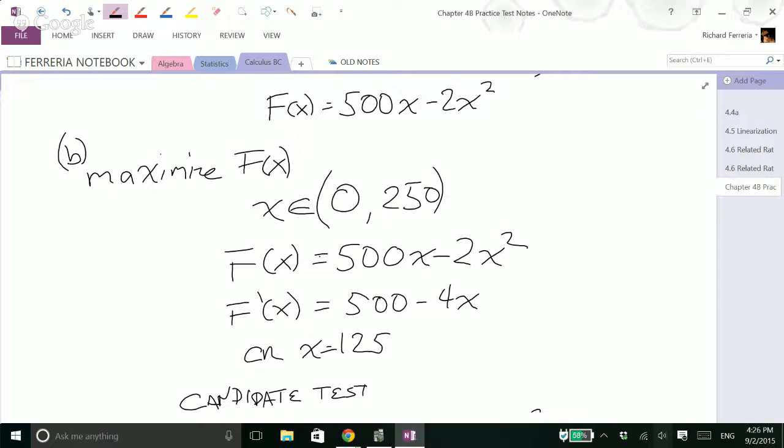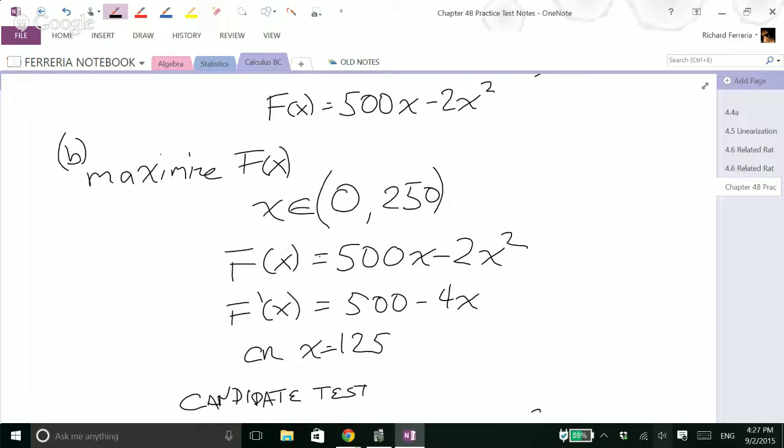If you imagine that you have 4 different fences of length x, and if length y is equal to 0, then x has to be 250. It'll never get there, but it'll approach there. I purposely found the domain of x so that I could use the candidate test. I like the candidate test better, it's easier to be conclusive about it.